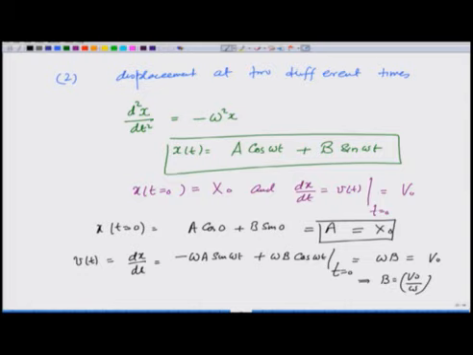Now, I have the complete solution, and therefore, in general x(t) is going to be x0 cosine of omega t plus v0 over omega sine of omega t.